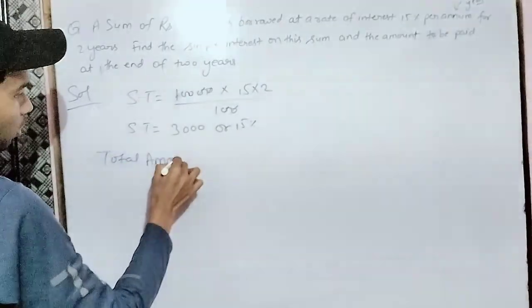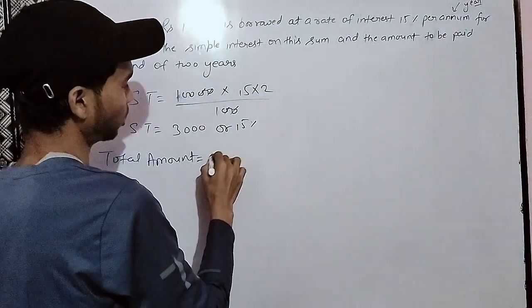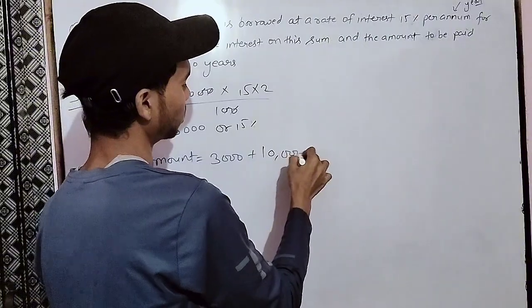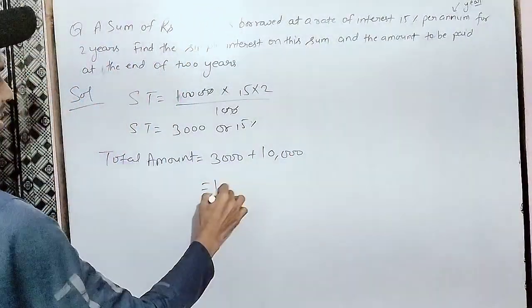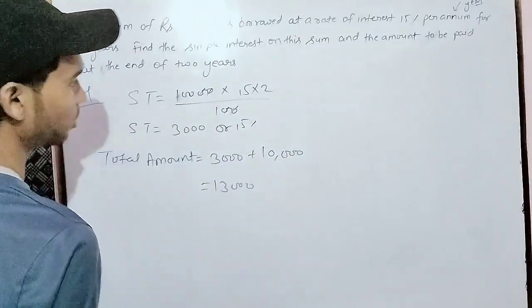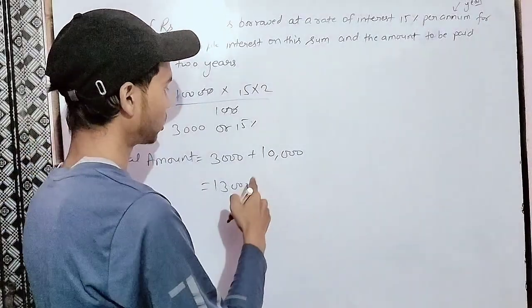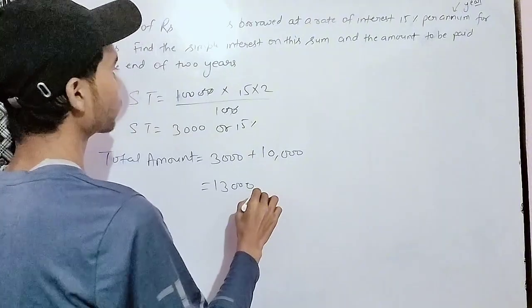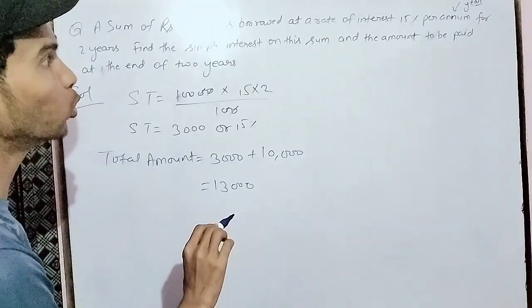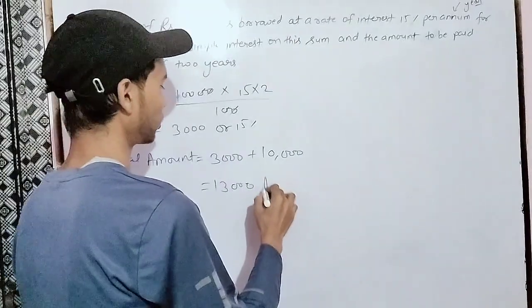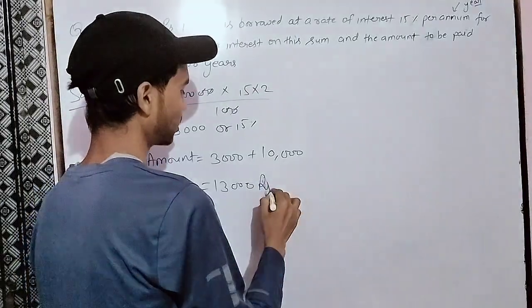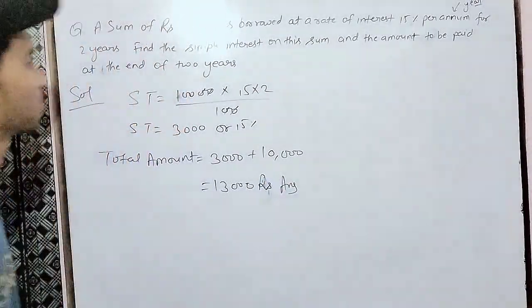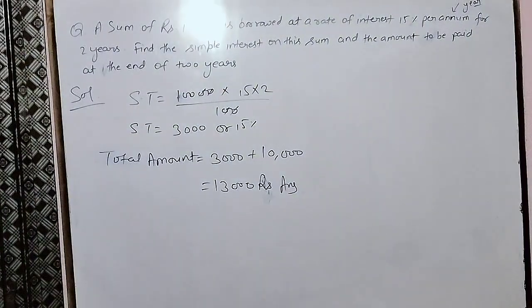How much? 3,000 plus principal amount 10,000 is the total, 13,000. This is the final amount which will be paid to the vendor. This is in rupees. How much? 13,000.